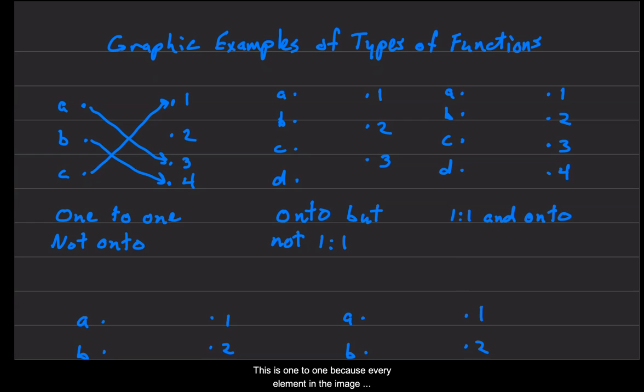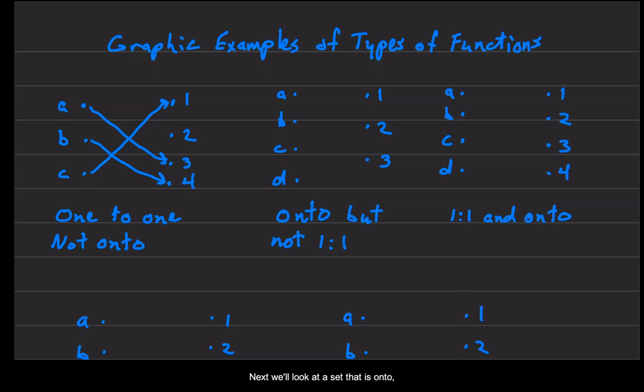This is one-to-one because every element in the image maps to exactly one element from the domain. However, it is not onto because the codomain set {1, 2, 3, 4} has an element number 2 that is not the image of any element from the domain set. So that is one-to-one, but not onto.